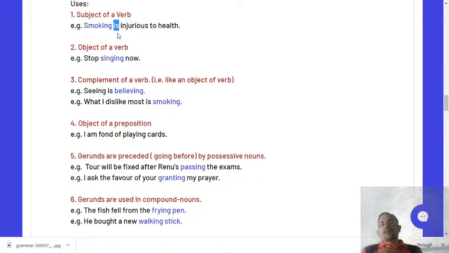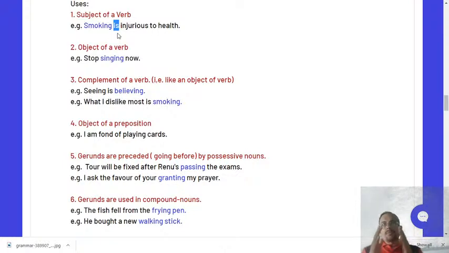In other words, an object is a word that goes after either a verb or a preposition, in the context of this lesson. And when it comes to the subject, you must know it always comes in the beginning of the sentence.